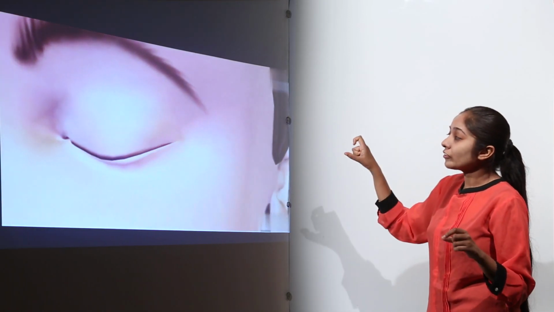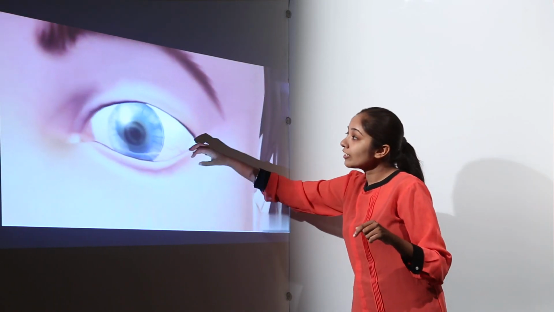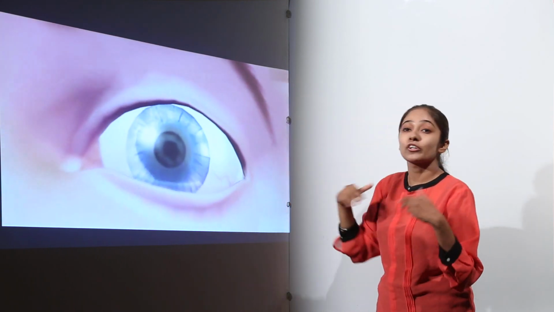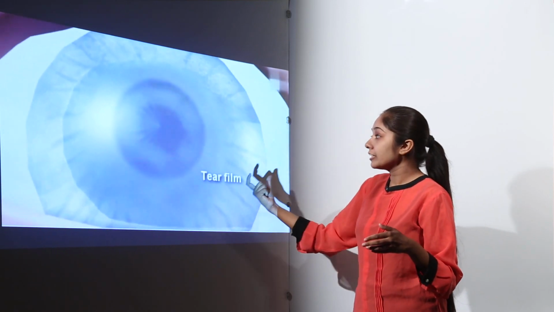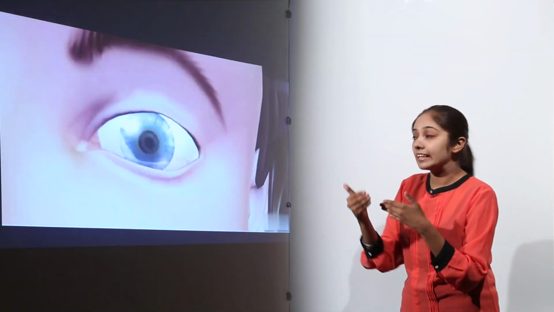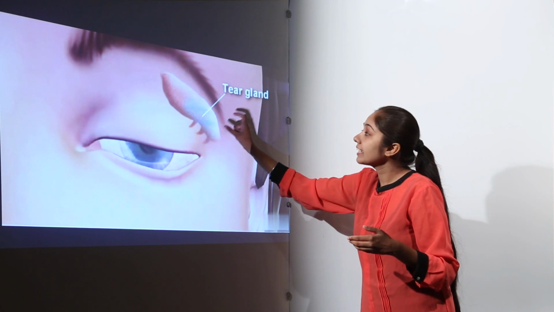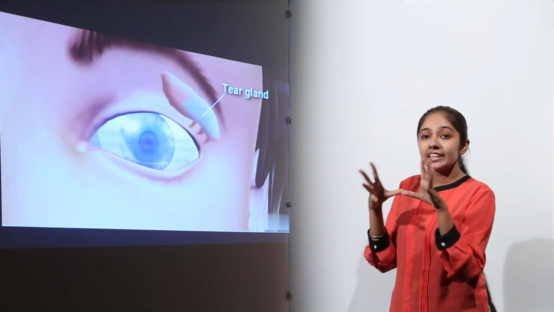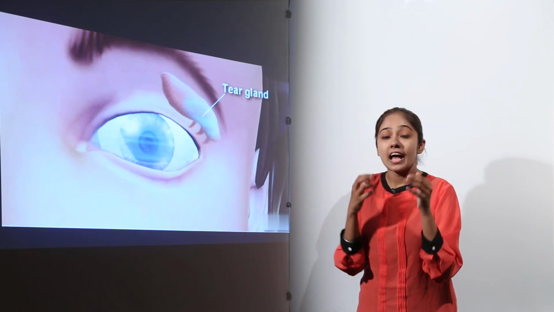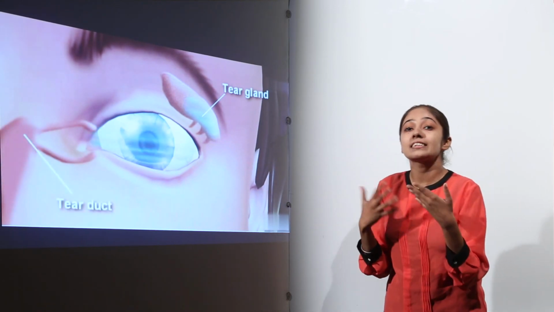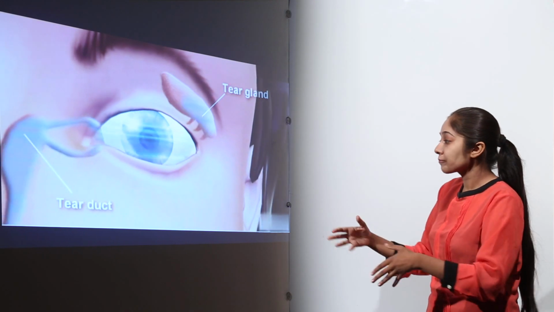Then if we talk about eyes, the blinking of the eyelids actually protects your eyes. After this, we also have the tear film that helps to cleanse your eyes, and there is a tear gland which secretes these secretions. These secretions have some substances which are bactericidal and kill bacteria.